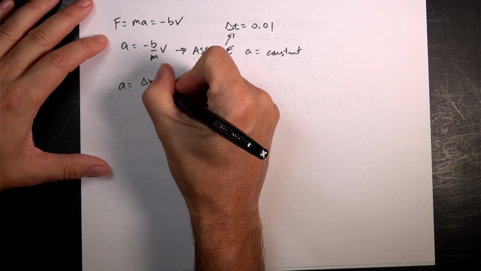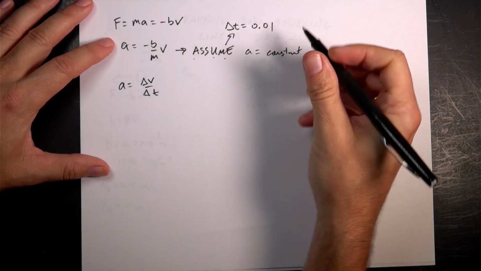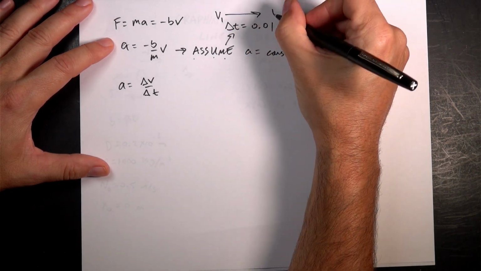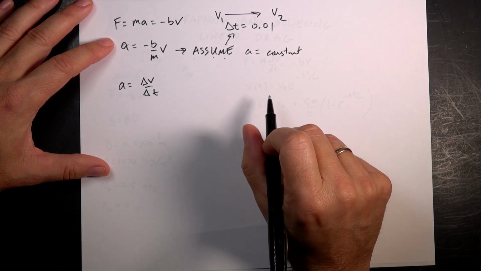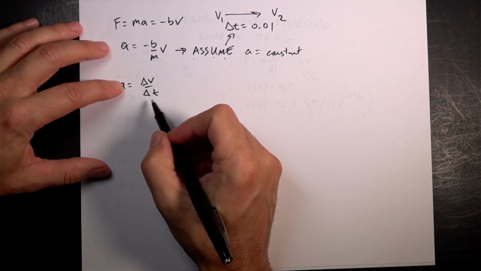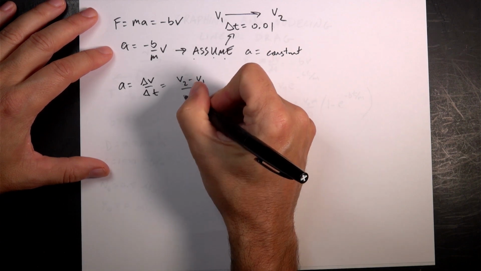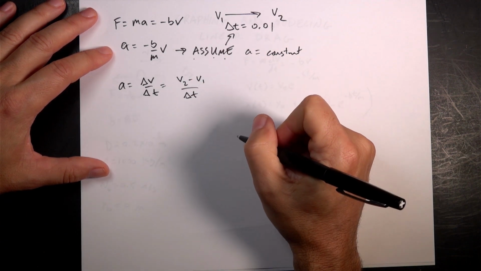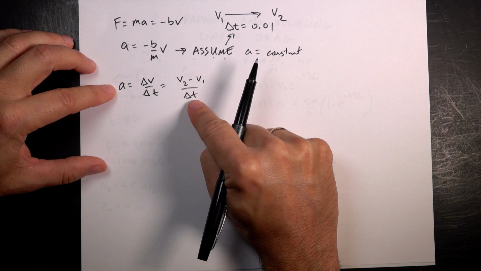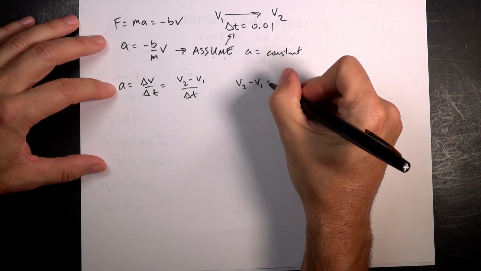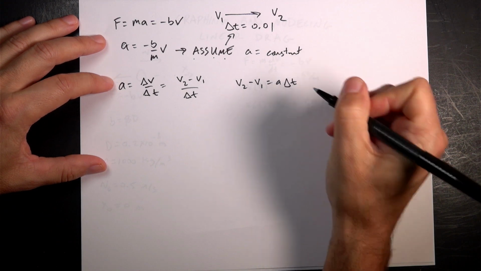Okay. So if the acceleration is constant, then I can use the following definition. a is delta v over delta t. So at the beginning of this time interval, I have v1, and at the end of the time interval, I have v2. So I can say the change in velocity is just going to be v2 minus v1 over delta t. I can multiply both sides by delta t, and I get v2 minus v1 is a delta t.